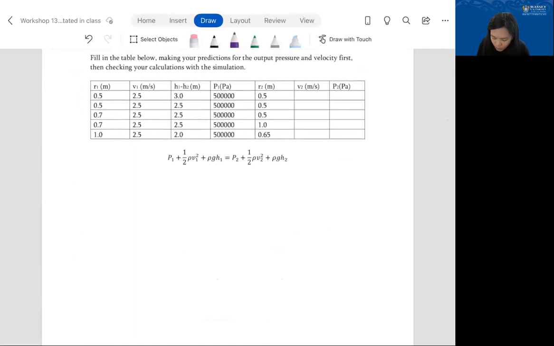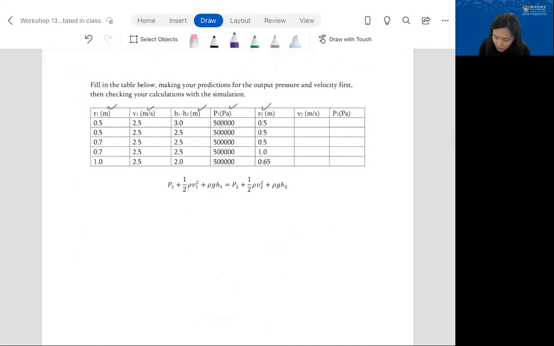So we're given R1, V1, and then we're given the change in height, H1 minus H2. And we're given the initial pressure and the new radius. So we want to find the new speed and the new pressure. So make your predictions for output pressure and velocity first. So let's do the velocity first, actually speed, just speed.